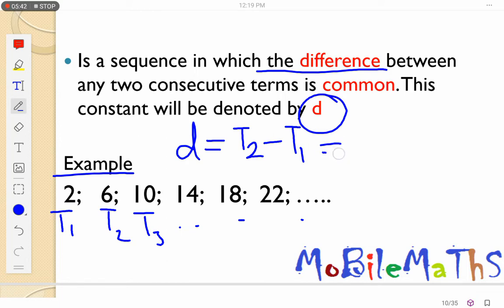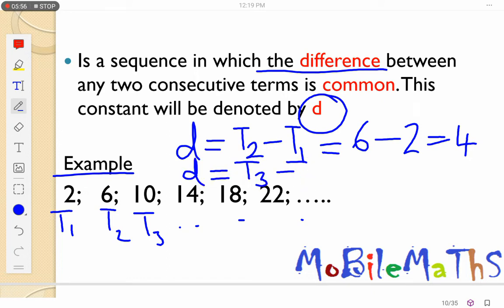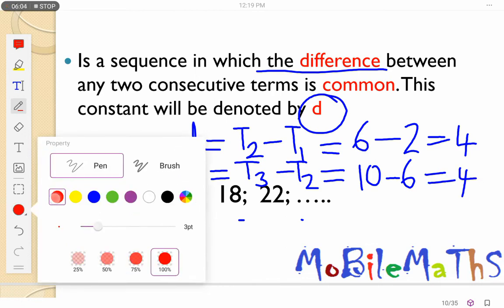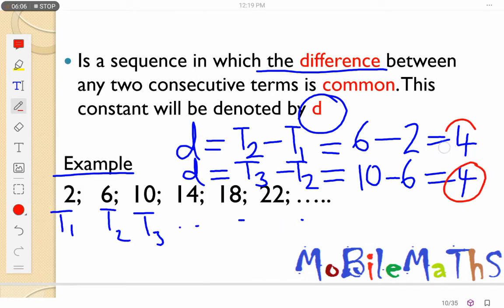So if I do that, term number 2 is 6 minus the first term, 2, so I'll get 4. Let's do the next one. D is equal to T3 minus T2. T3 is 10 minus 6. I'll get 4.